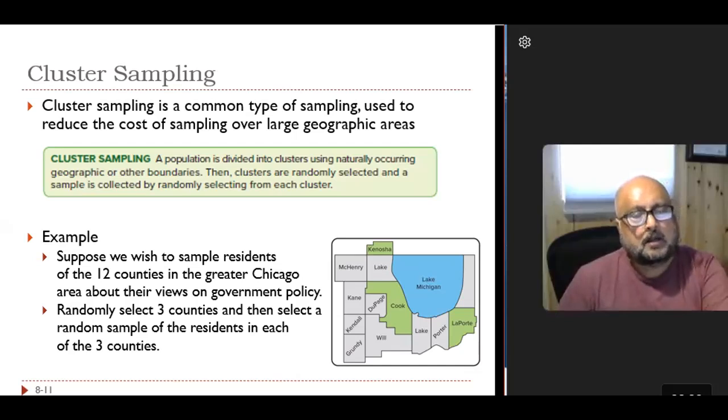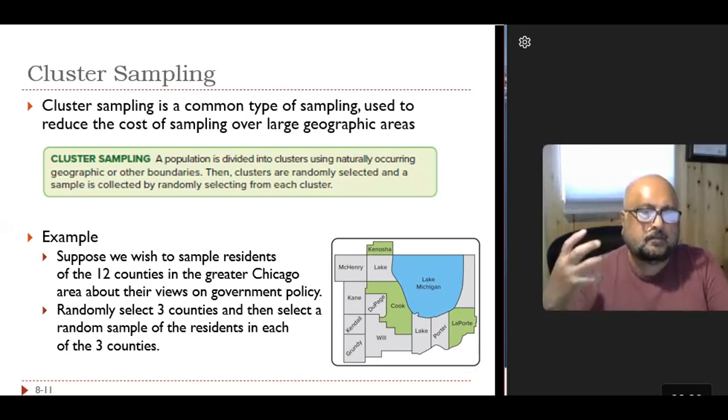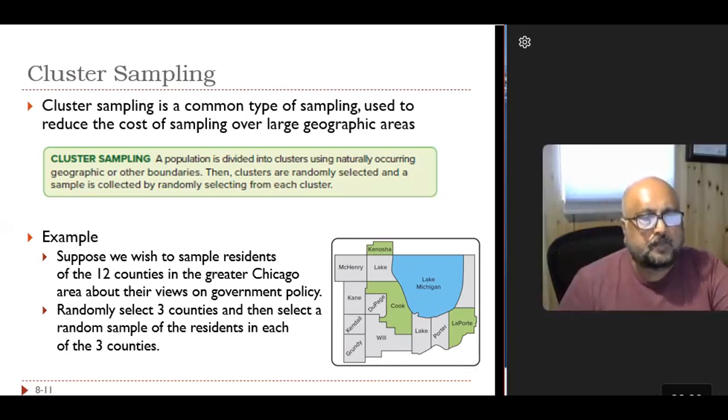So randomly selecting 3 counties and drawing samples from them is more effective. You can first form these clusters and then use random sampling to pick the residents for the sample from these 3 counties. Okay, so it's a combination of cluster sampling and simple random sampling.